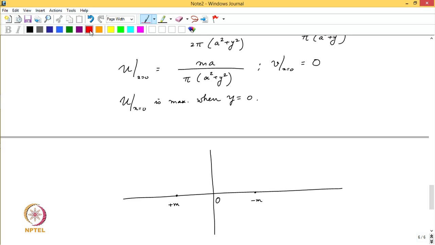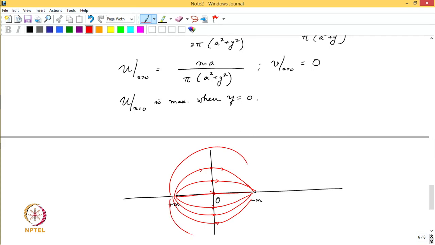What you expect are flow field lines which would look like this, and they would be such that the velocity right at x equal to 0 is 0, or the streamlines would be normal to this line. So, you will get this kind of flow field, radiating out in all ways, and entering from all directions.